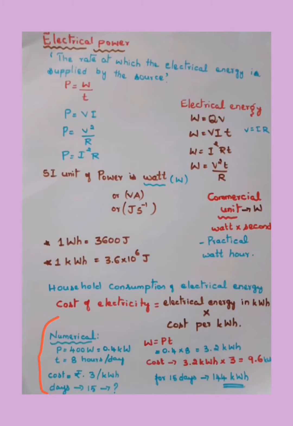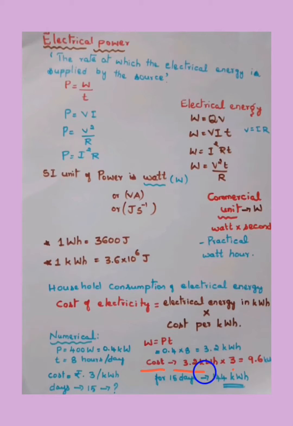We know the formula. If power and time are given, to calculate the electrical energy, W is equal to P into T. Substitute the P value, 0.4 kilowatt, into 8 hours. So you will get 3.2 kilowatt hour, and the cost is 3 rupees for 1 kilowatt hour.